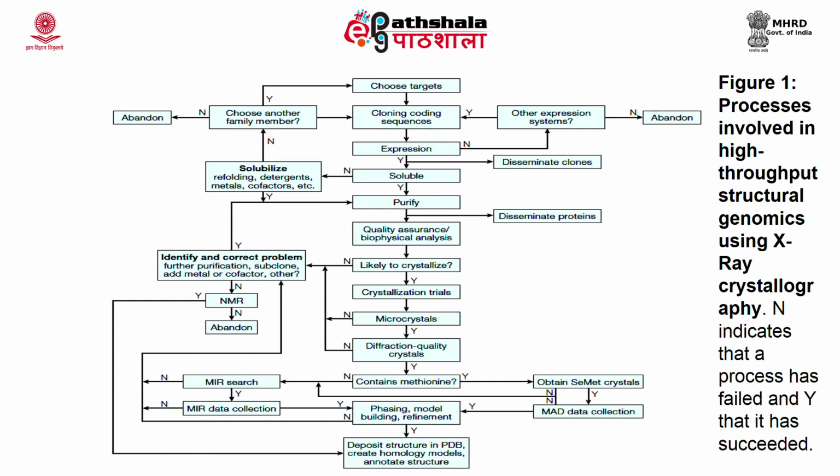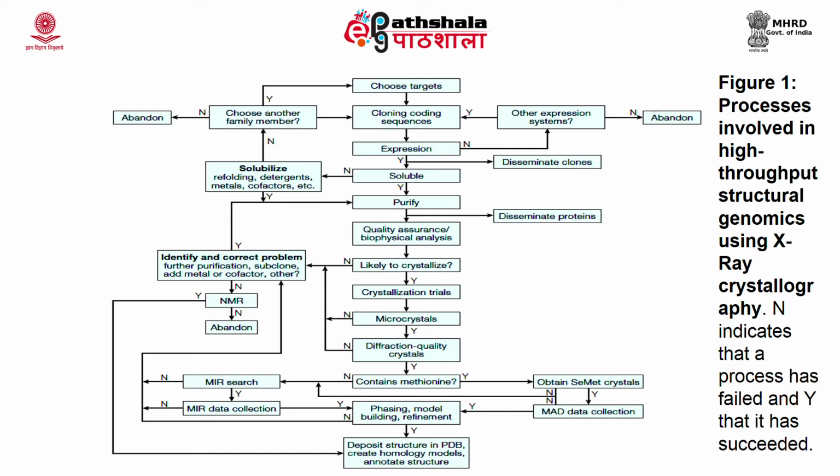If the protein is crystallizable, then it is sent to crystallization trials and microcrystals will be formed. These microcrystals will show the diffraction pattern, so they will be called diffraction quality crystals. They might contain methionine or they might not.